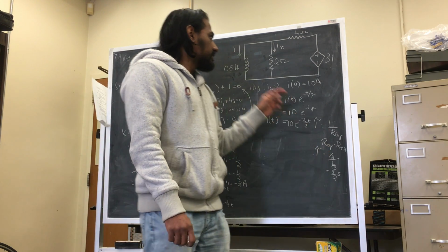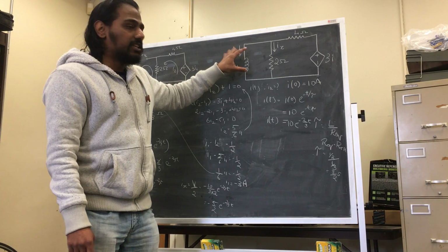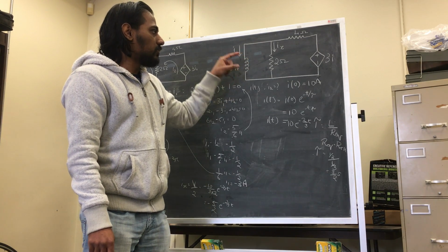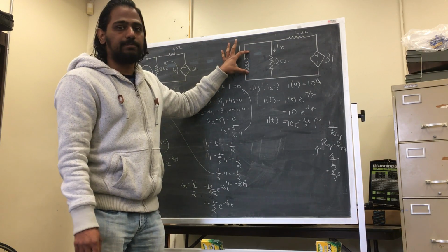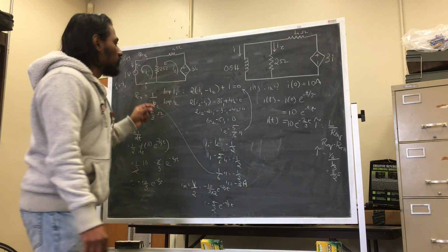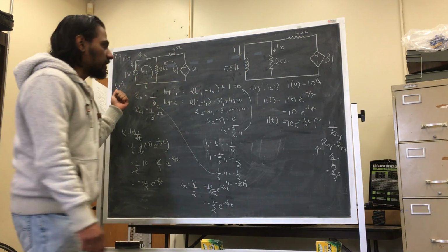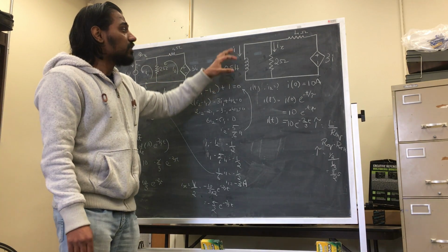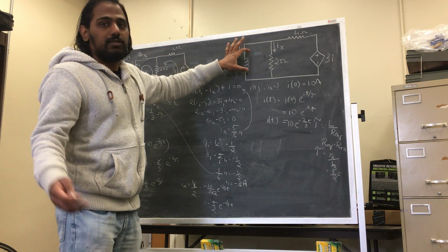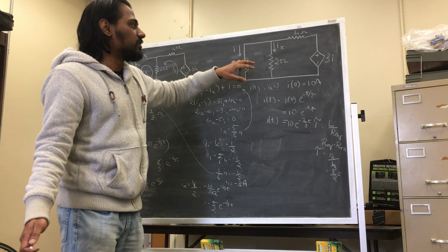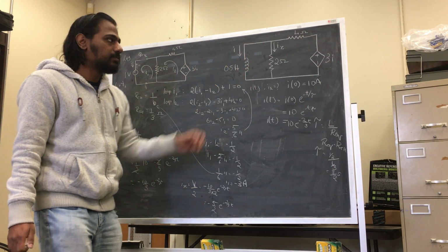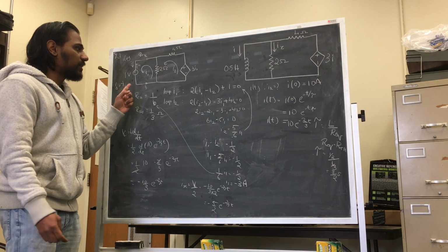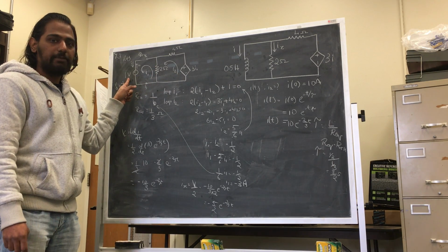We need to calculate the equivalent resistance across the terminals of the inductor. To find that, you can use Thevenin. You find the Thevenin resistance across the terminals of the inductor by replacing the inductor with a 1 volt power supply.